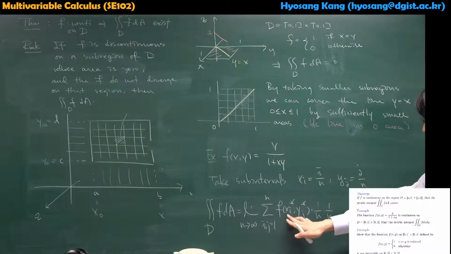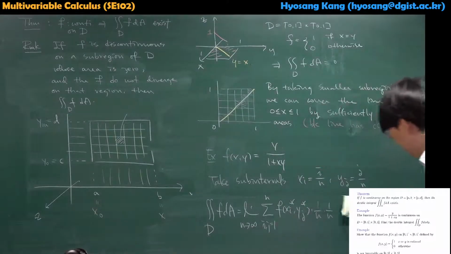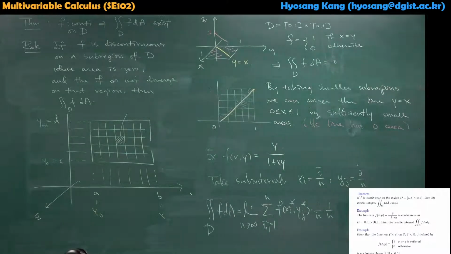So what kind of number should I take? Let me ask this question: is it okay to pick, for example, the easiest way, xi star to be just xi, which is i over n? Let me write it in another place.